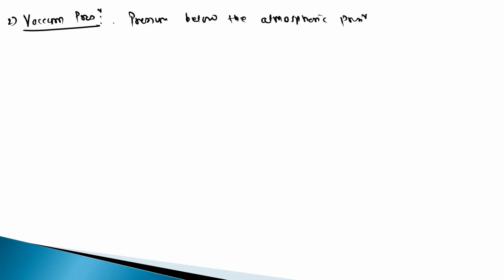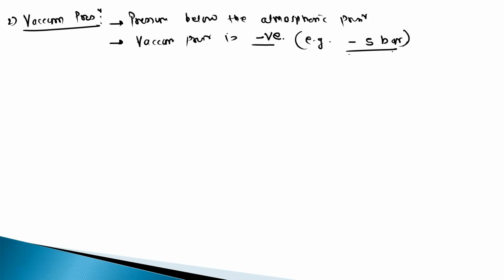So vacuum pressure is negative. For example, -5 bar. If you represent the pressure as a negative, it means that it is the vacuum pressure. We can see vacuum pressure in vacuum suction devices or vacuum cleaners.